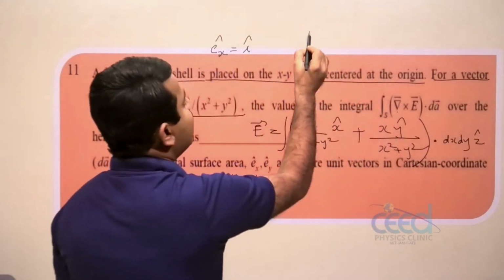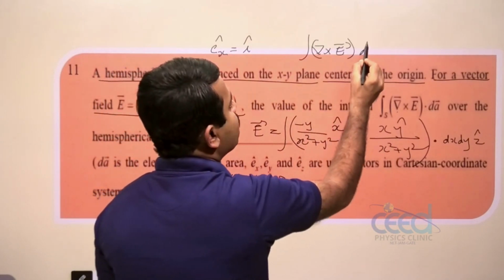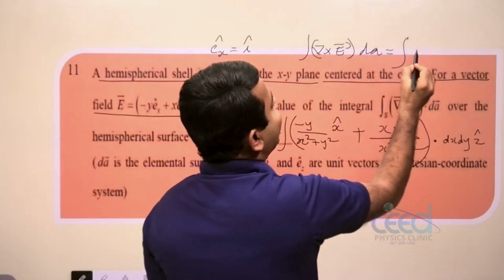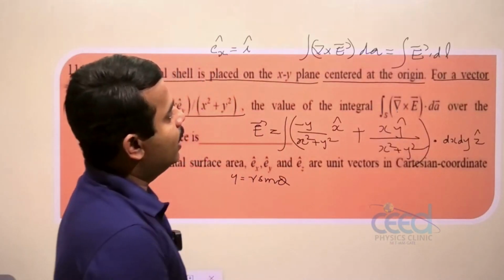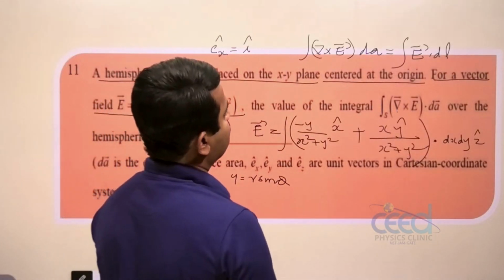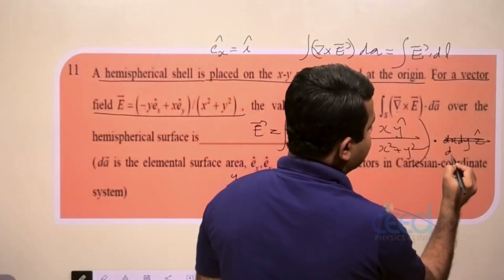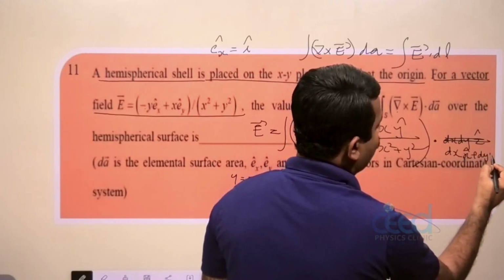So using Stokes theorem you can write the integral of del cross E dot dA as the integral of E dot dl. The surface integral is converted into a line integral. That is very easy. So I can write the length element as dx x cap plus dy y cap.